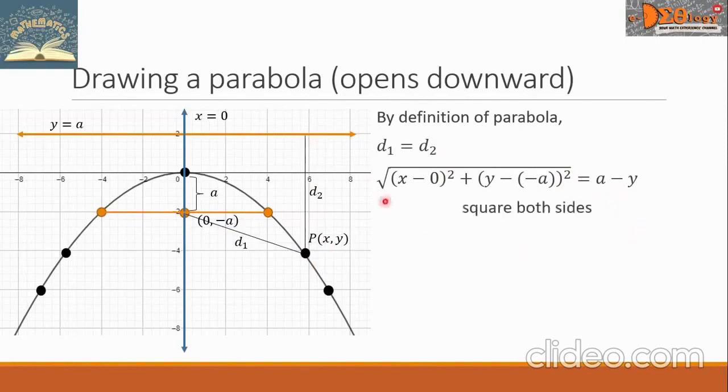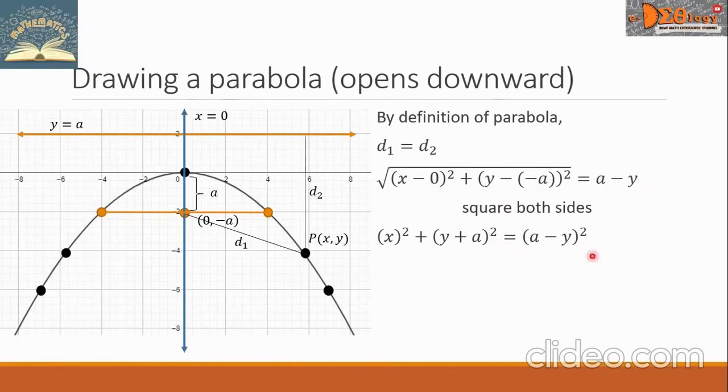Let us simplify this equation by squaring both sides. If we do that, in the left side, the big square root is cancelled out. So we have now x minus 0 will just be x, and it is squared, plus the y minus negative a becomes y plus a, and also squared, equals the a minus y, now squared.